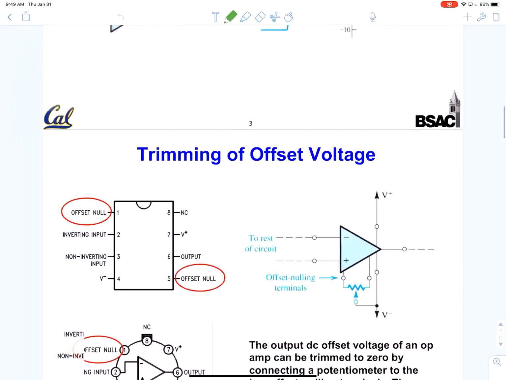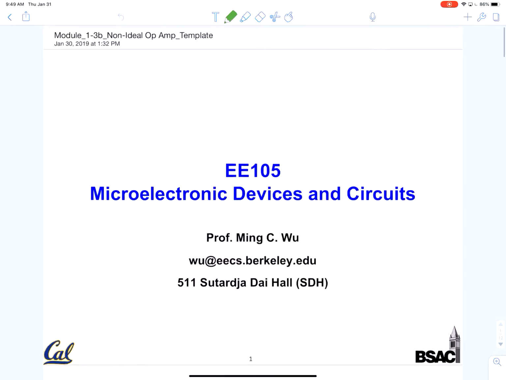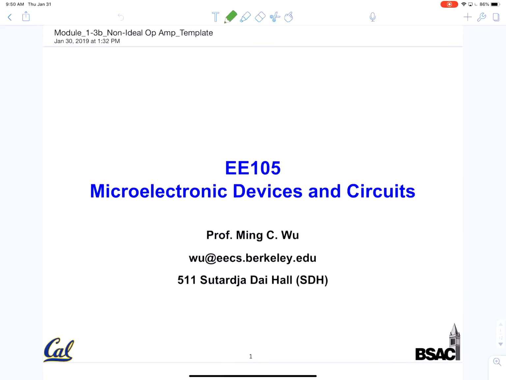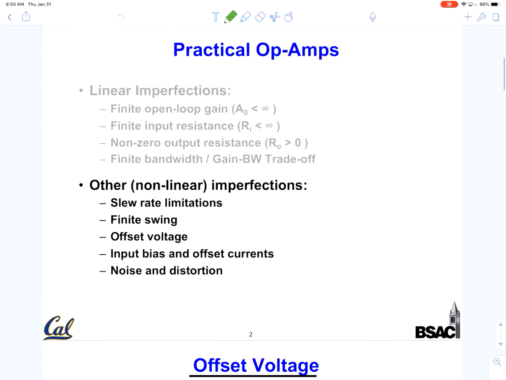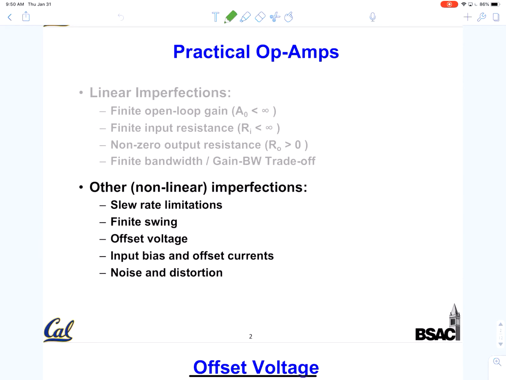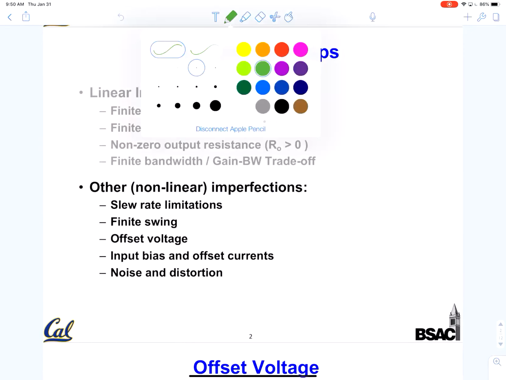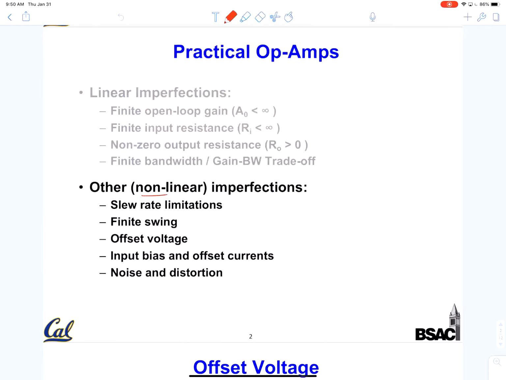That is other nonlinearities of the op-amp, okay? What are the other nonlinearities? We talked about all these golden rules, which will not strictly be valid if we consider the finite gain, finite input resistance, and so on. There are other imperfections. These are mainly nonlinear imperfections.